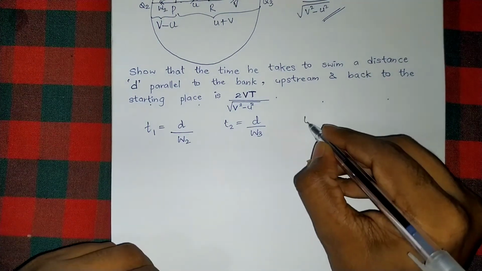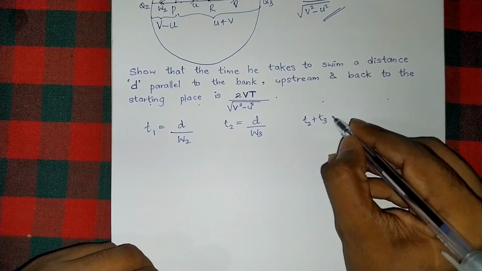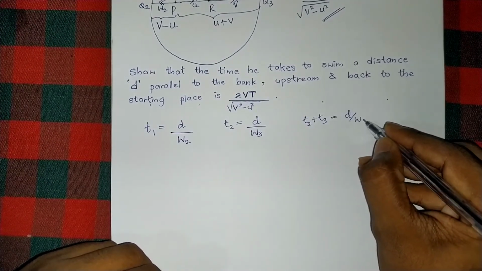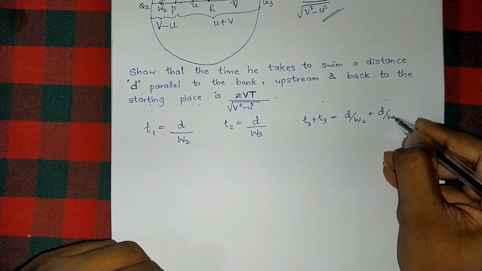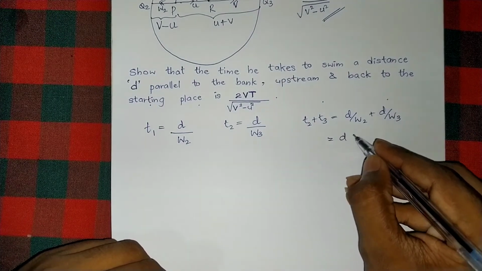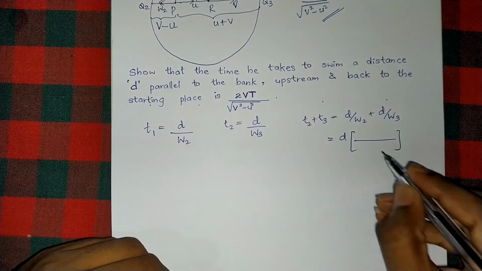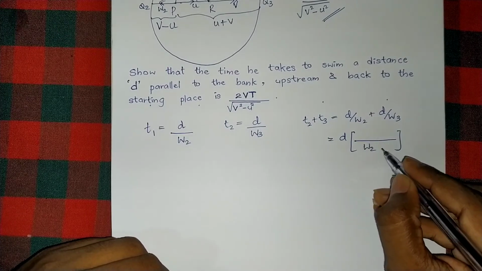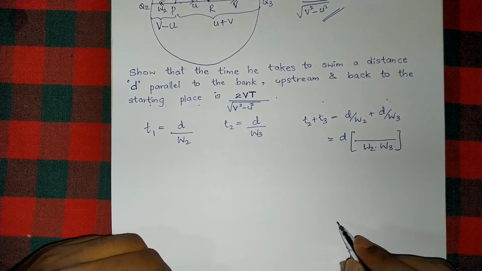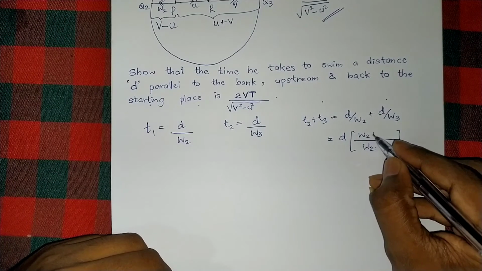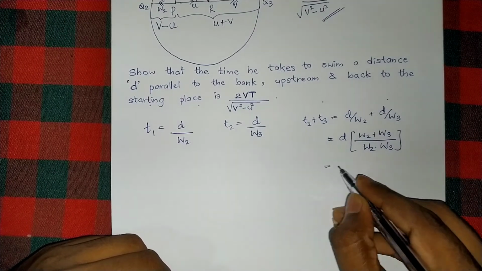Then the total time is T2 plus T3, which is D over W2 plus D over W3. When I take D out, my common denominator becomes W2 W3. Numerators are W2 plus W3.